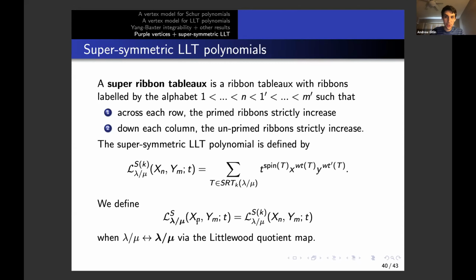And I'm going to abuse notation a little bit. If I have a tuple of partitions, I can define the super ribbon tableau associated to that tuple via the Littlewood quotient map. The Littlewood quotient map gives me a bijection between lambda over mu, a partition, and bold lambda over bold mu, a tuple of partitions.